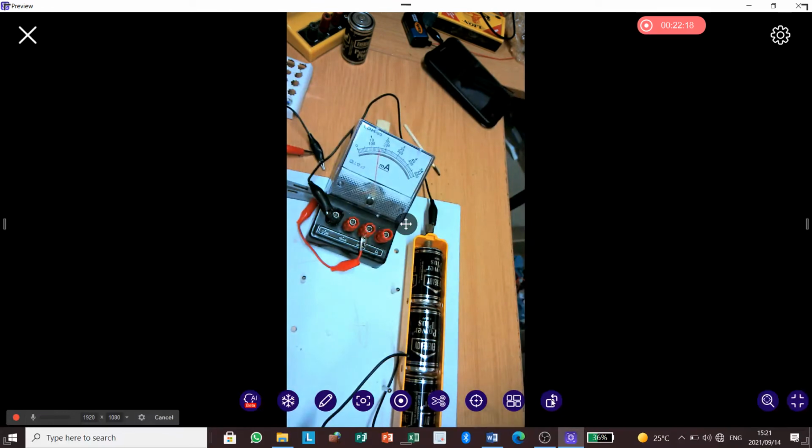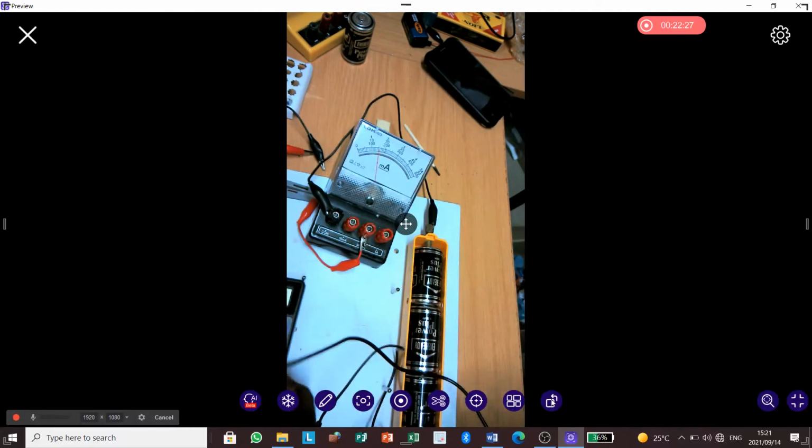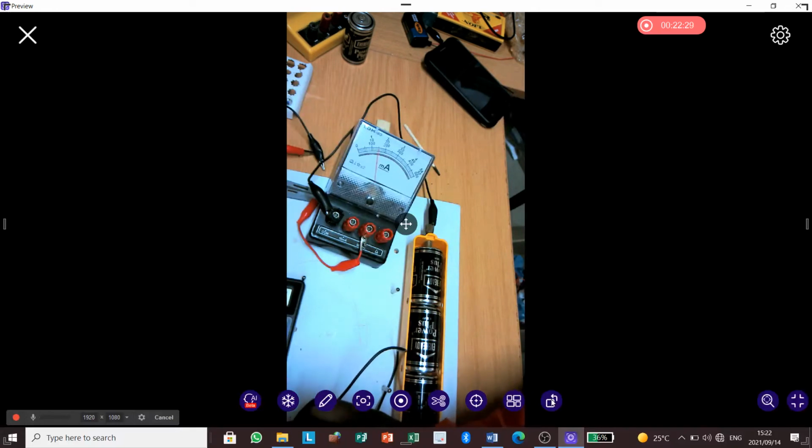So let's check the voltmeter. Let's check the voltage for light bulb number 1. The voltage there is how much?